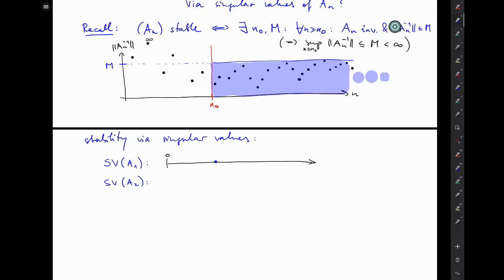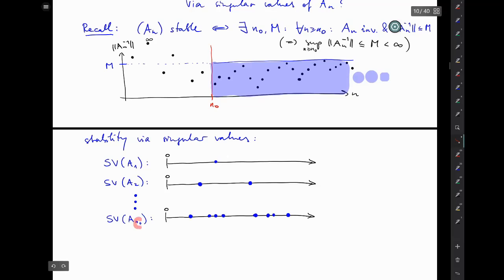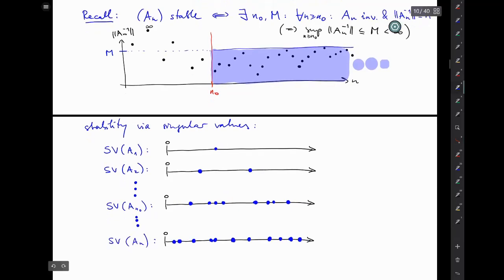Okay, then the singular values of A2, if that's a 2 by 2 matrix, consist of 2 points on the non-negative real axis, and so on. Then you reach n equals n0, which has this many points on the non-negative half axis, and you simply continue like this without end.